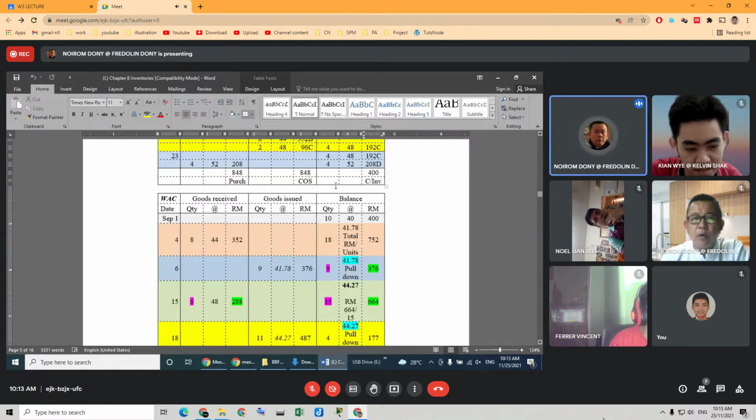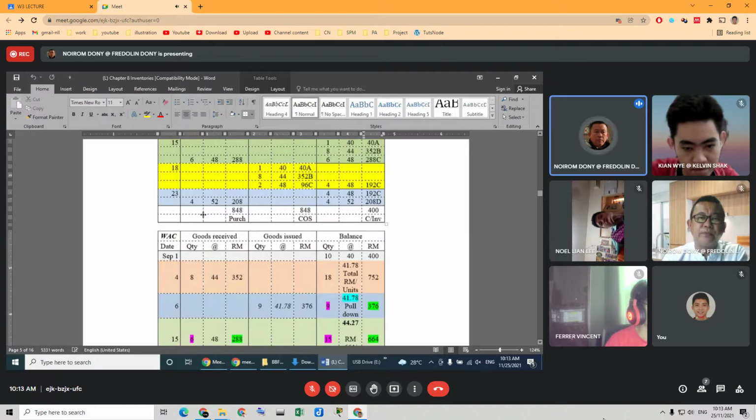Now, weighted average means we divide the value with quantity. So this one is much easier. We are using the same column. The first column is date, and on the top of the date will be the method. You write down WAC, weighted average cost, like just now, first in, first out.